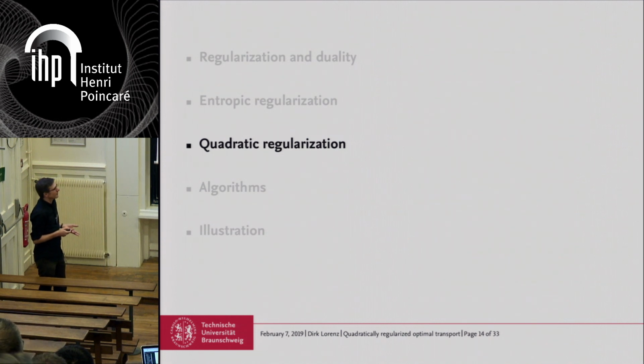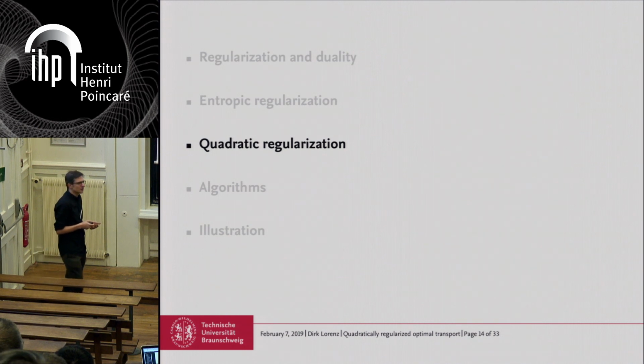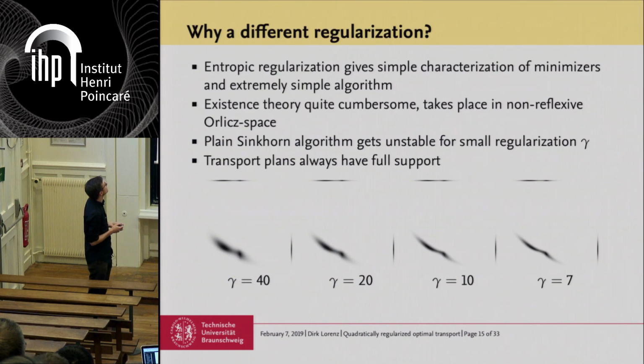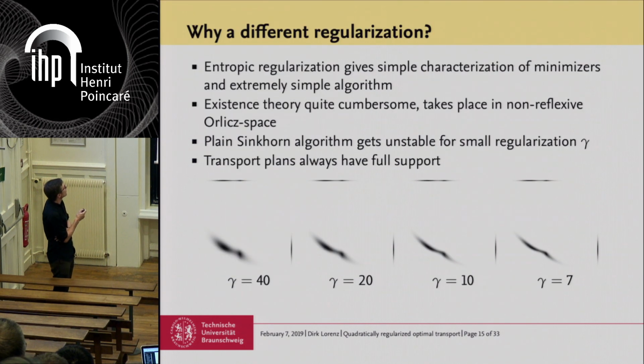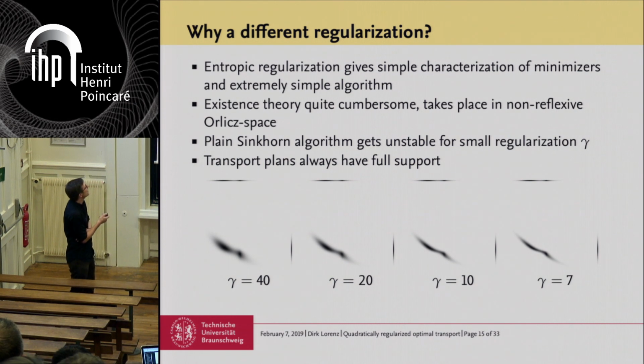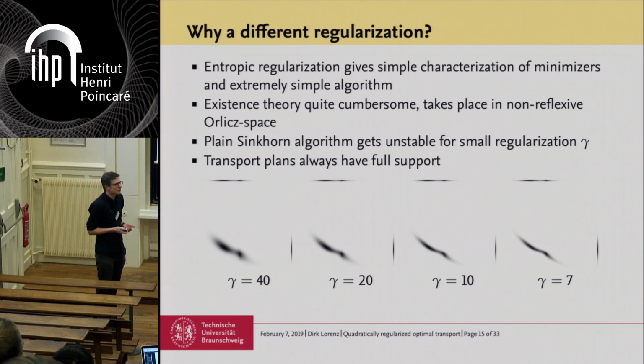Let's see if you can get something more simple from the analysis point of view by using a simpler regularization. So what about quadratic? First, this entropic regularization gives this very simple characterization of minimizers by the optimality condition. It's pretty simple, actually, the equation. But the existence theory was quite cumbersome. It takes place in this non-reflexive ordered space.